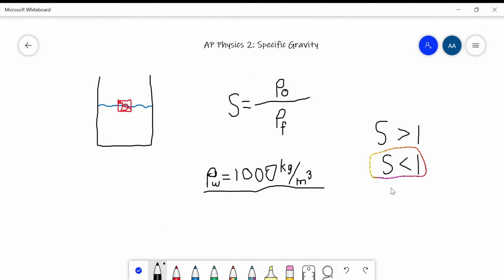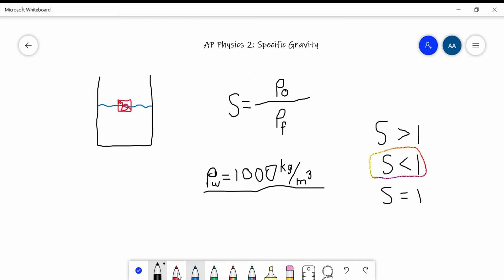And if S equals 1, then that means it has the same density as the fluid that it's in. For our example, we're going to have water in here, so if something that we put in water has a specific gravity of 1, it has the same density as the fluid, and it won't really float, but it won't really sink either.